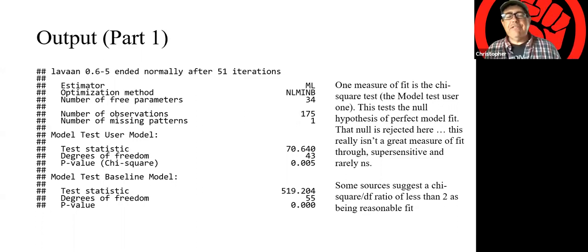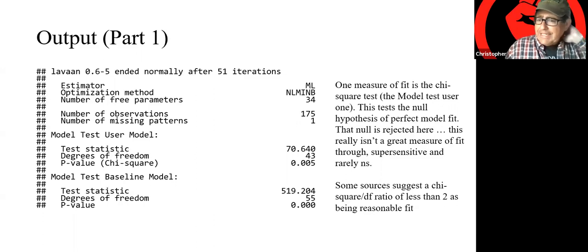Some people sometimes confuse this with the model test baseline model. That baseline model piece is testing a factor structure where nothing goes together. This is testing a nothing model. One thing you can look at is whether we've improved in explaining the data over the baseline model, although that's a really weak criteria.